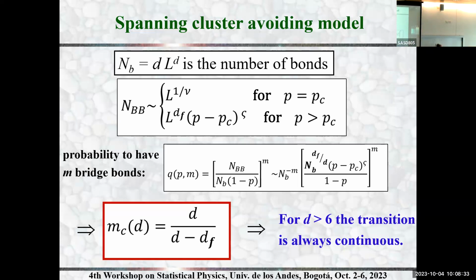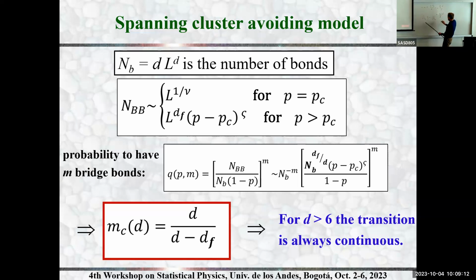Yeah? And now on the other side we would have then NB to the power of m times df minus d over d.